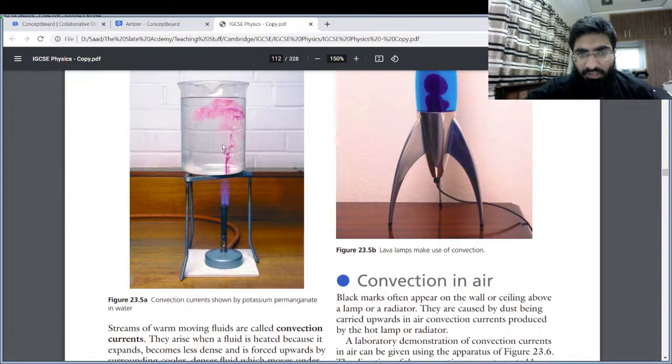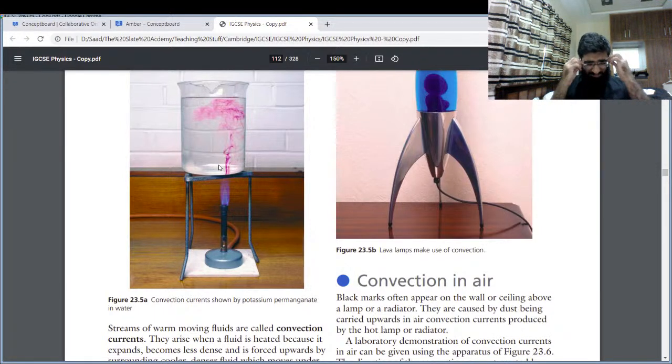The same thing keeps on happening. It goes up there, maybe loses some of its energy to the neighboring molecules, and its density increases again, so it comes down. By that time, the density of the liquid down here has increased, so this one goes up. So it keeps happening in the form of a current.